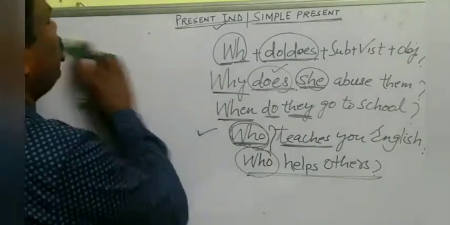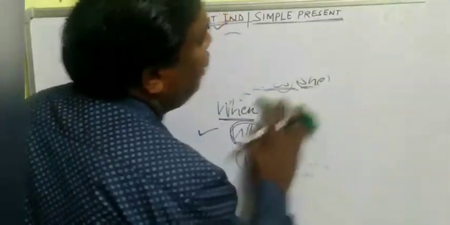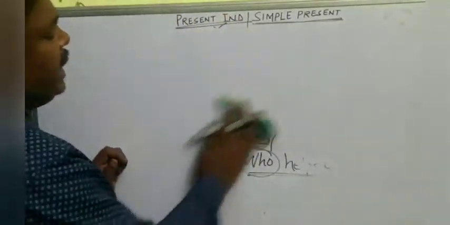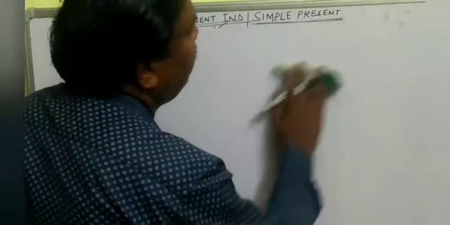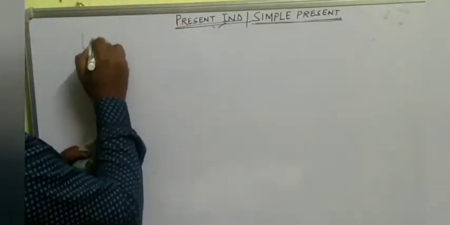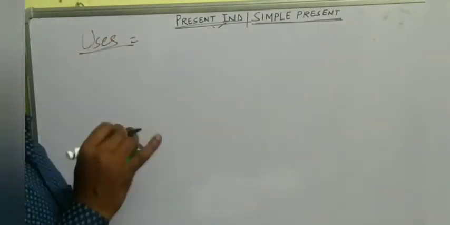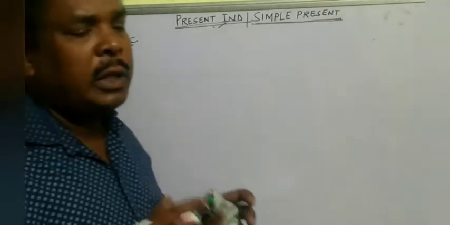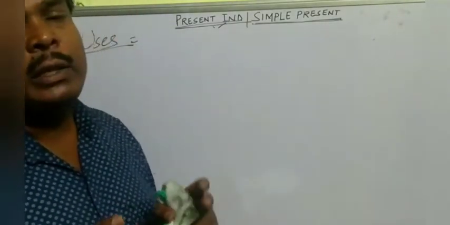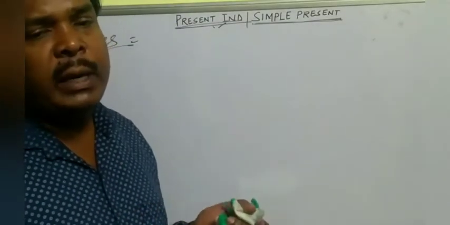Now we shall study the uses of present indefinite tense. I have already told you that in Hindi, if at the end of a sentence there is ta hai, ti hai, te hai, etc., then we use present indefinite.